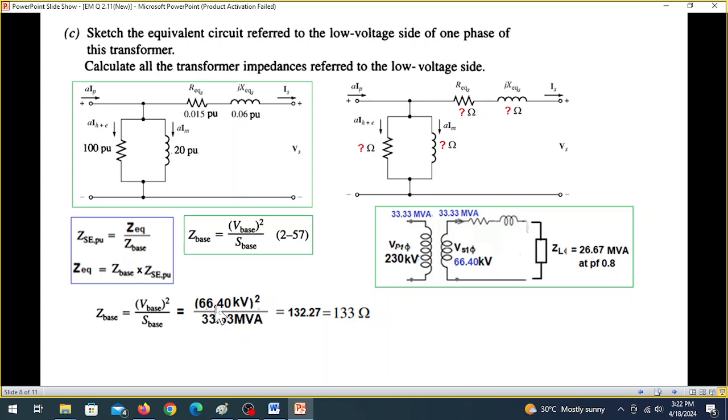So basically kV square divided by MVA, the k square becomes M, so that is why we don't have to bother about this. So this answer is 132.27, which we can approximate as 132 or 133. In the book he has given 133, so I'm taking that. So Z base is known.